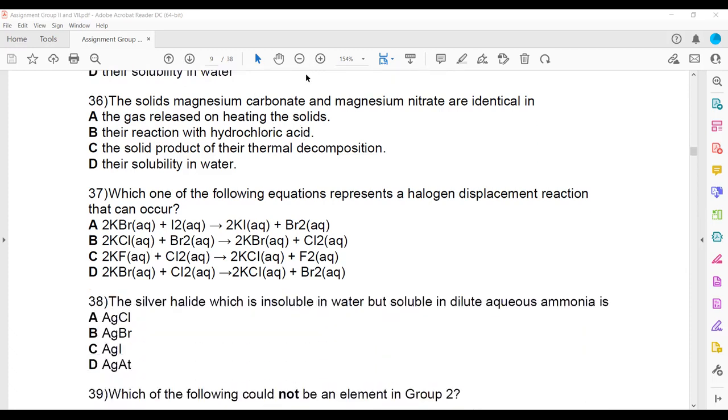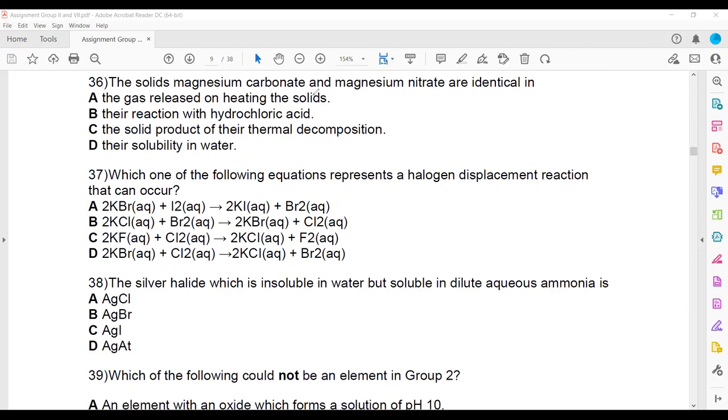Question 36. Solid magnesium carbonate and magnesium nitrate are identical in the gas released on heating. If I heat magnesium carbonate, it will give carbon dioxide.